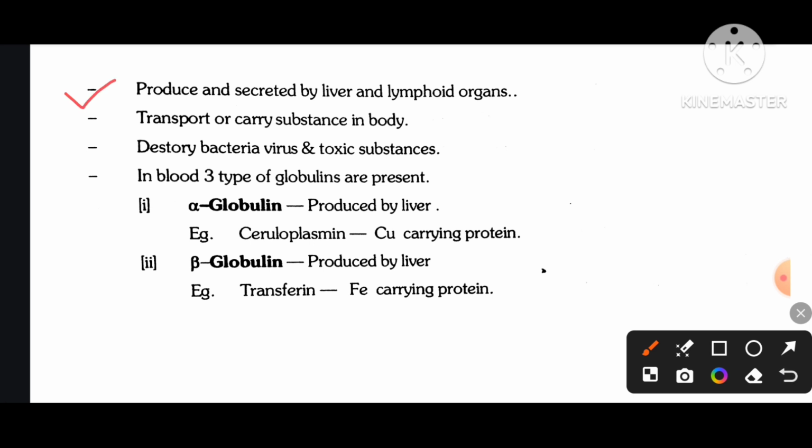Globulin is produced and secreted by liver and lymphoid organs. Transport, to carry substances in body. Destroy bacteria, viruses and toxic substances in blood. 3 types of globulins are present. Number 1, alpha globulin, produced by liver, for example ceruloplasmin, copper carrying protein.